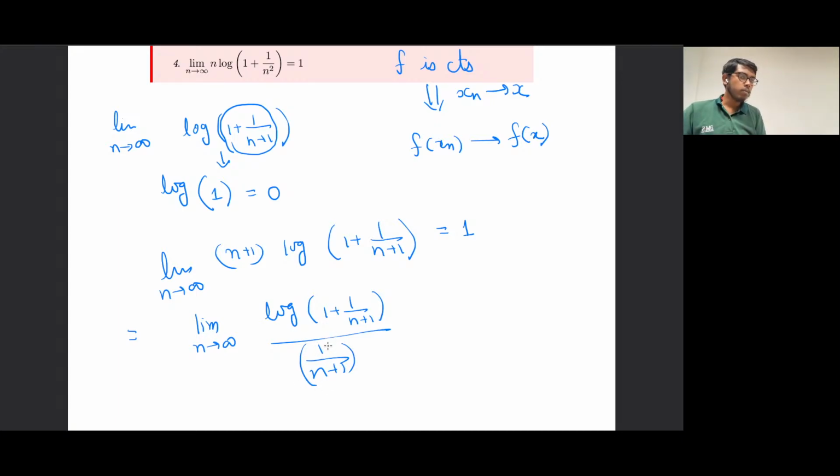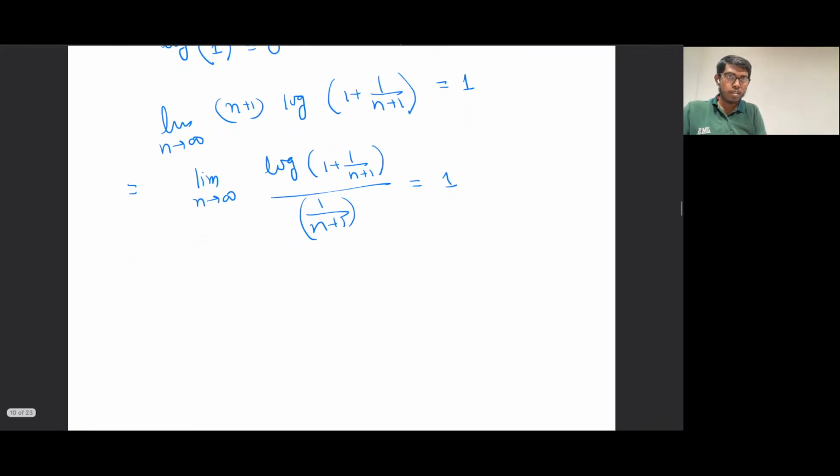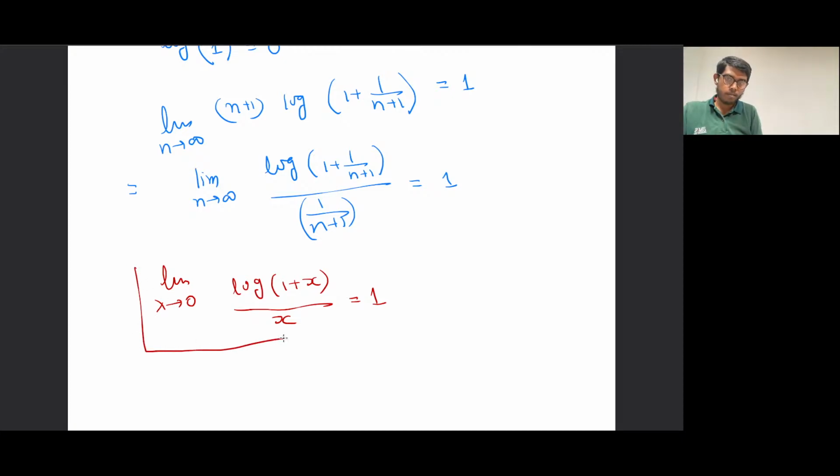Now this is very standard, and this is equal to 1. Basically you can easily prove that limit x tends to 0 of log of 1 plus x by x equals 1, and this is very easy.